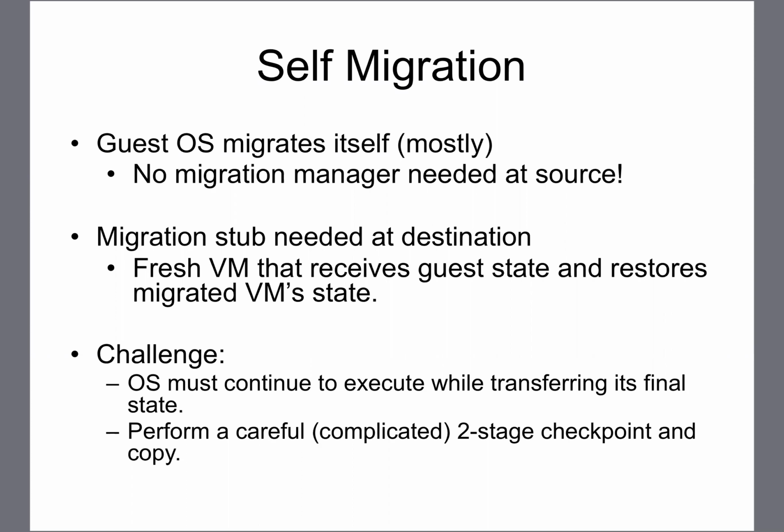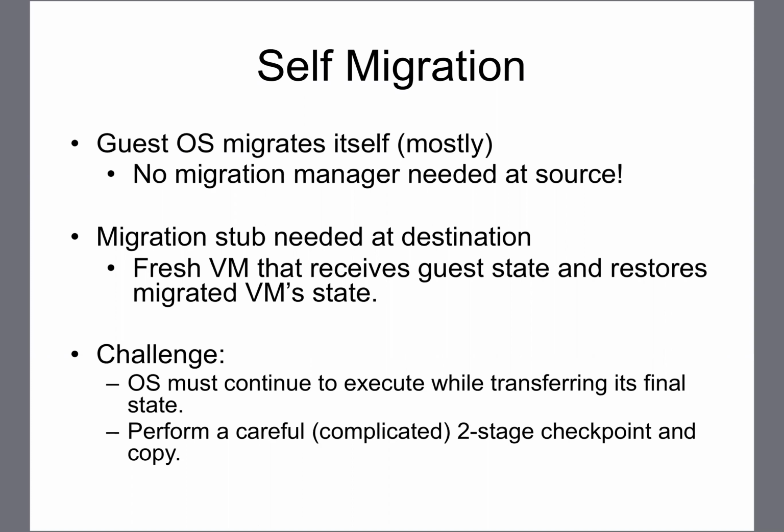And here the idea is that you just implement the migration technique inside the VM itself, inside the guest operating system. And the techniques that we discussed earlier, pre-copy or post-copy, if they're implemented carefully enough, then the VM can migrate itself. It's not very common, and it's actually very difficult to get this right. But people have demonstrated that this can be done.